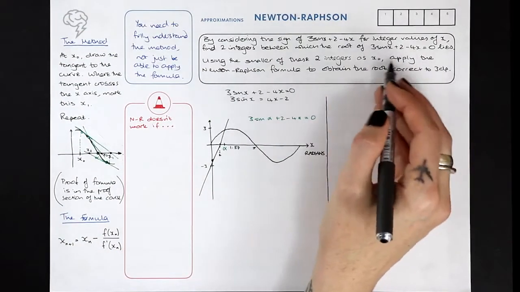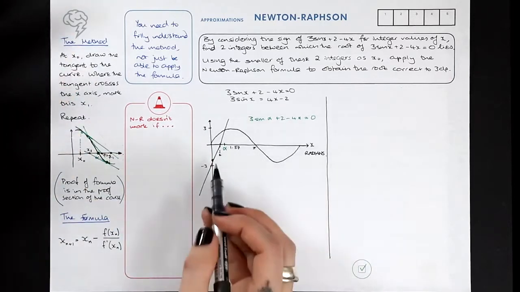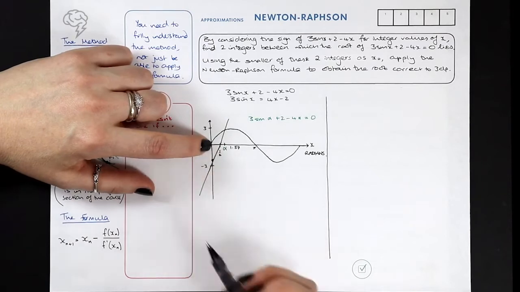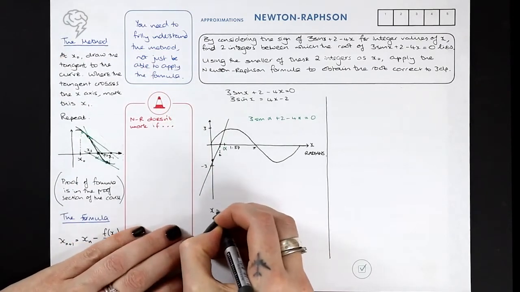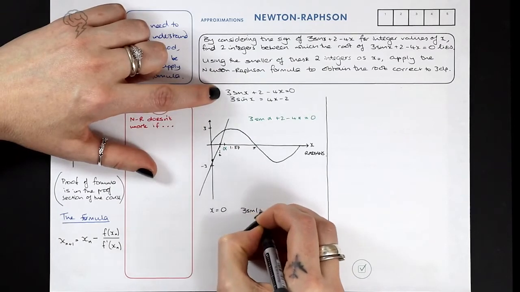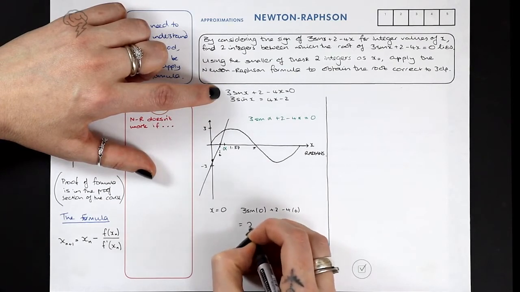So now we're trying to find the integer values between which it lies. Where's 1? I don't know where 1 is, but 0 is there. And I could try 2. So when x is 0, what do we get? 3 sine 0 plus 2 minus 4 lots of 0, which is 2.